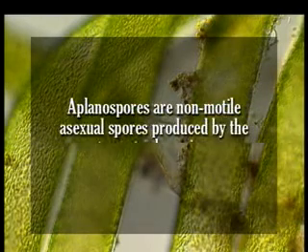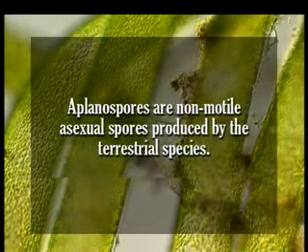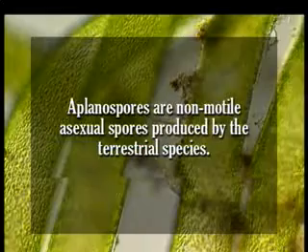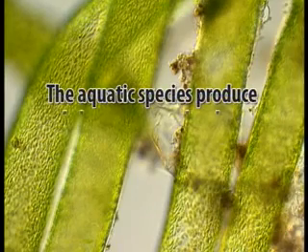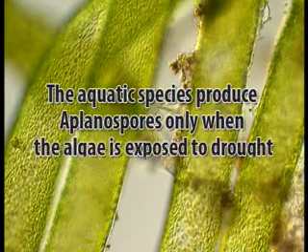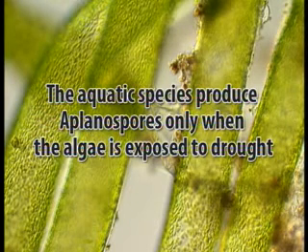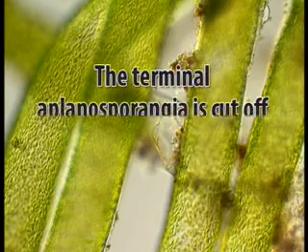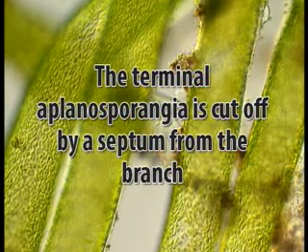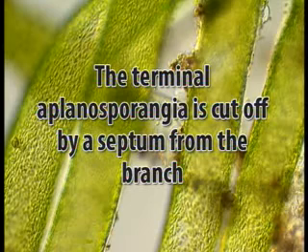Another method of asexual reproduction is formation of aplanospores. These are non-motile asexual spores produced by the terrestrial species. The aquatic species produce them only when the alga is exposed to drought or transferred from light to darkness or from running to still water. The aplanospores develop at the ends of short laterals or terminal branches in sporangia. The terminal sporangium is cut off by a septum from the branch.